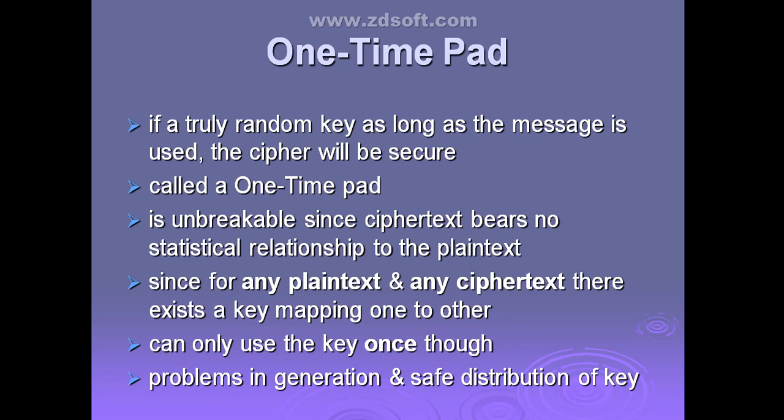Getting the thing, guys? So the key will not be repeated at any point of time. That particular key is used to encrypt and decrypt a single message, and after that it is discarded. This is how the one-time pad works.